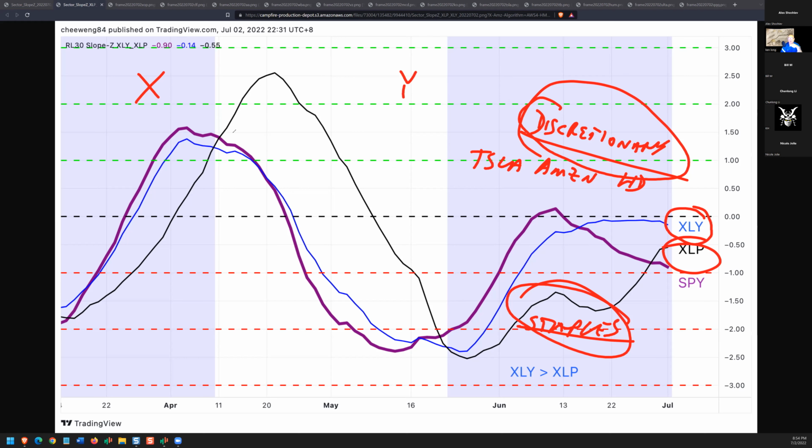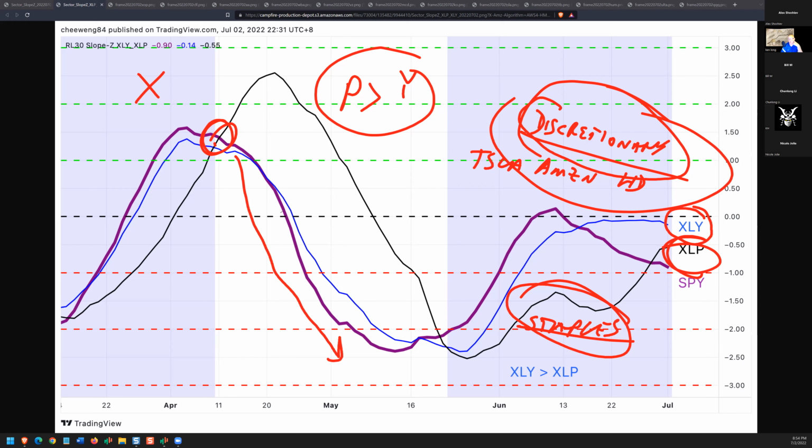When XLP is greater than XLY, we see how it acts, and the market begins to roll over here, and then all of the growth oriented guys are getting slaughtered.